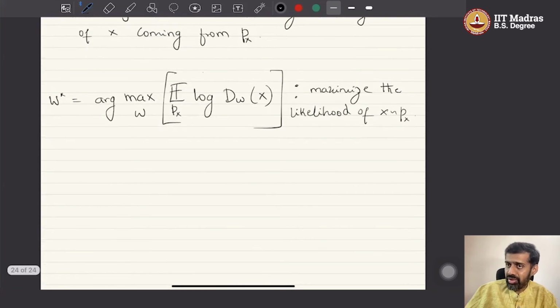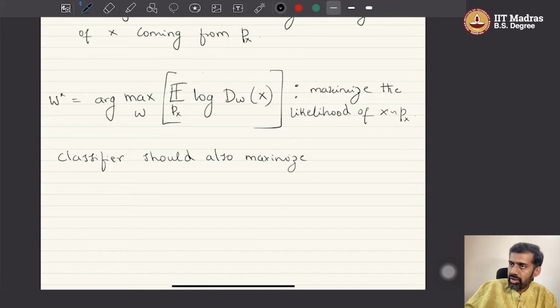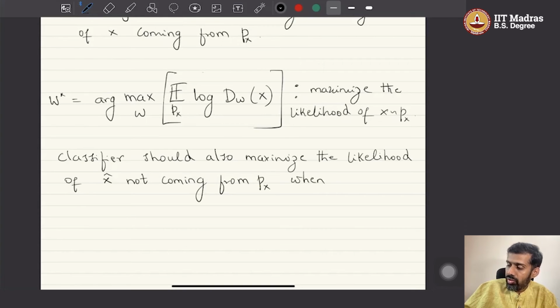There is another objective that we would want to optimize, which is we also want the classifier to maximize the likelihood of x cap not coming from px when x cap is sampled from p theta.